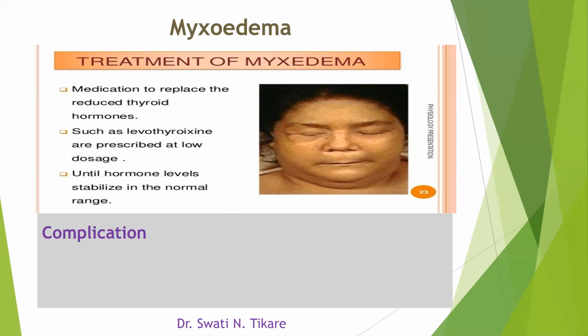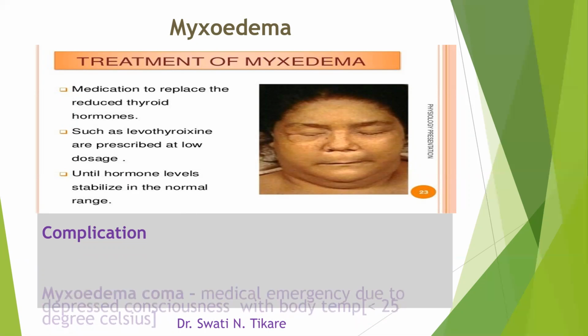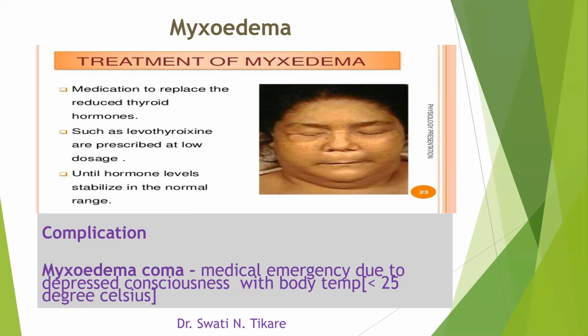So a complication of myxedema is known by the name myxedema coma. I was telling you T3, T4 is an essential hormone for life. So if it is totally deficient, it can lead to death. Myxedema coma is such a condition, a medical emergency.